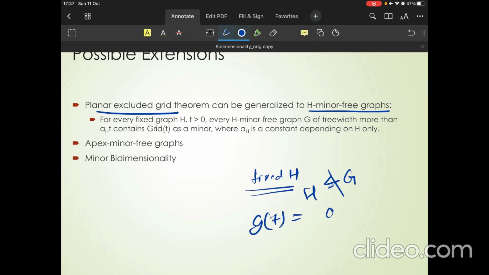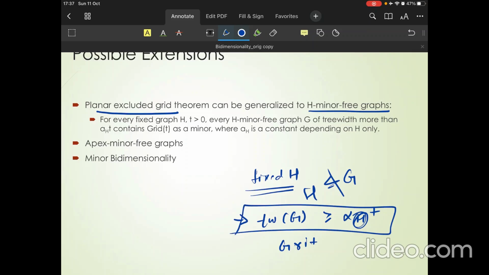We define an equivalent version where we say that every H-minor-free graph G has treewidth at most alpha_H times t, where alpha_H only depends on H. If treewidth is greater than alpha_H times t, we have a t by t grid as a minor.